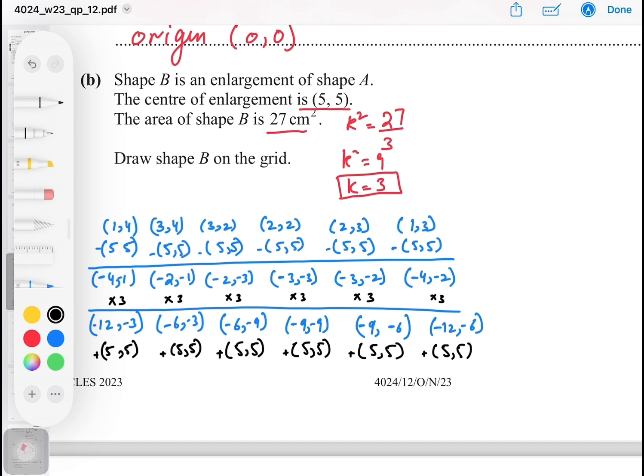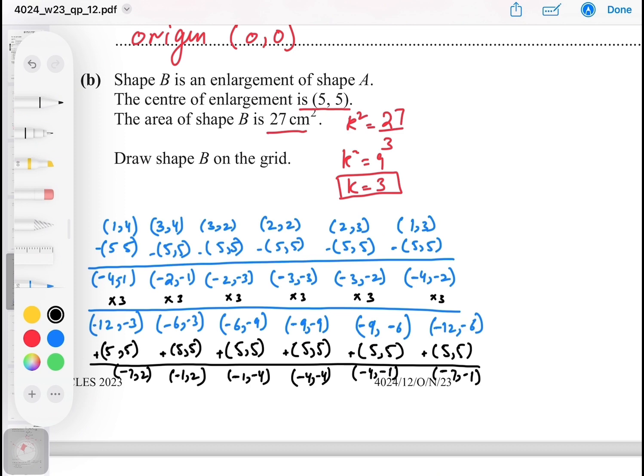If I add, I'll get (-7, 2), (-1, 2), (-1, -4), (-4, -4), (-4, -1), (-7, -1). So these are the coordinates of shape B after enlargement.